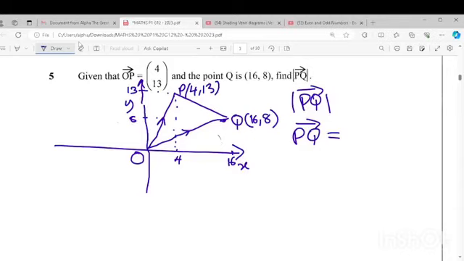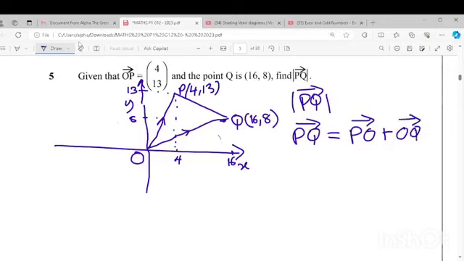What you have to know is that the letter on the far left, which is P in this case, indicates where you are starting your movement from. So you are starting your movement from P to O. So you're going to move like PO plus OQ.